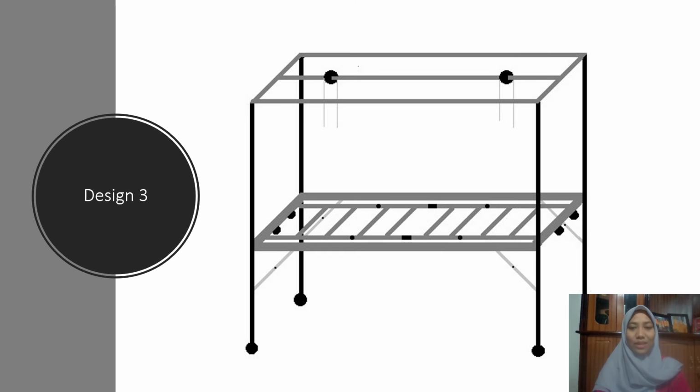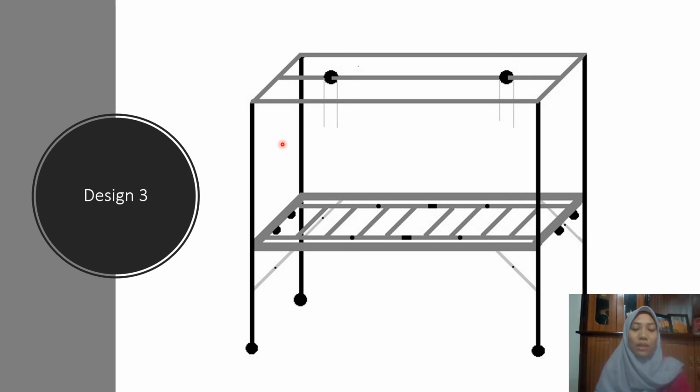This is our third design. In design 3, we have the same pulley placement as design 1, which is one beam supporting the two pulleys. However, the difference is in the leg placement. The upper leg and the lower leg are connected in the same line.